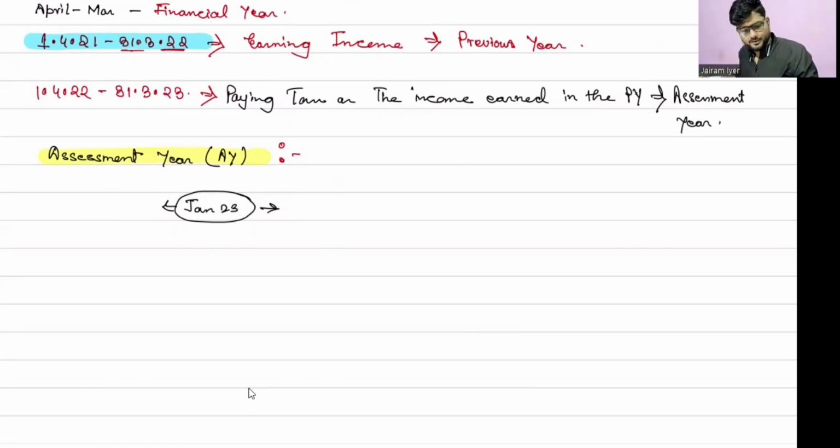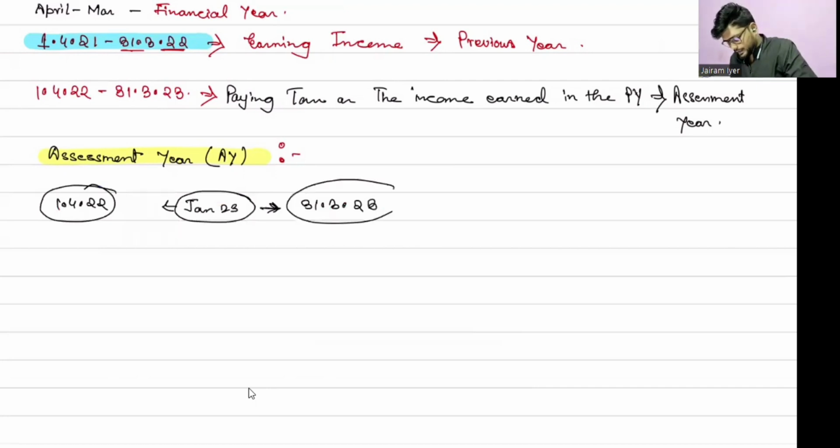Time lag is there for me. So what should have been the April? It should have been 1st of April 2022. 22 से 23, ये previous year हो जाए. Correct. And what will be the ending for it? It will be 31st March 23. Correct.